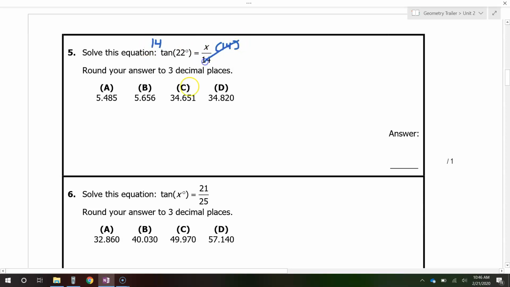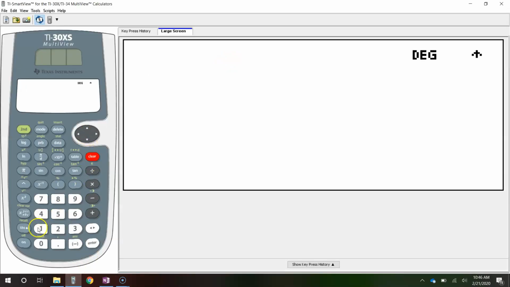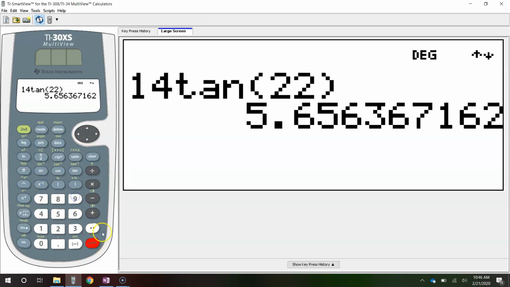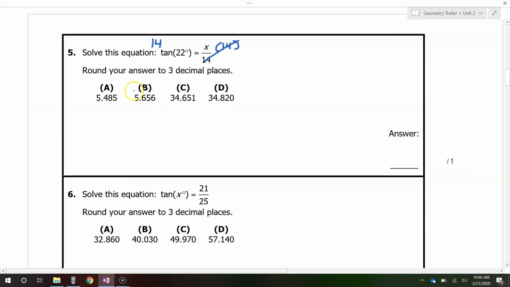That will cancel these out. So in my calculator, I will just do 14 tangent 22. All right, 14 tangent 22 is 5.656, and that is B.